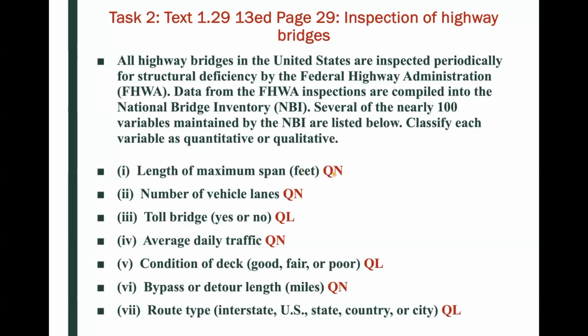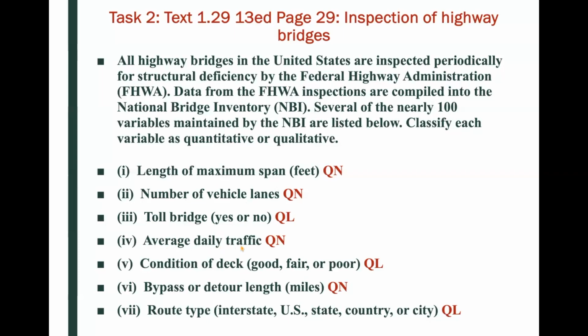That's quantitative. It deals with numbers. Number of vehicle lanes, that's also quantitative, whether it's one vehicle lane, 2, 4, 5. A toll bridge: yes or no, whether there's a toll bridge or not. That's not numerical, so that's going to be qualitative.